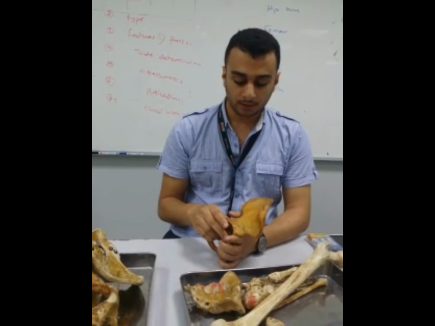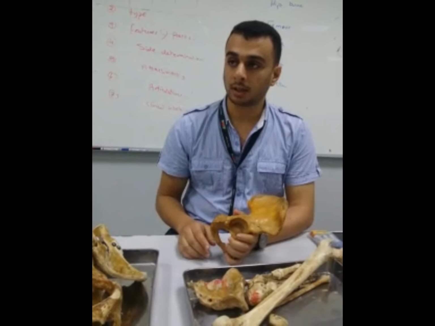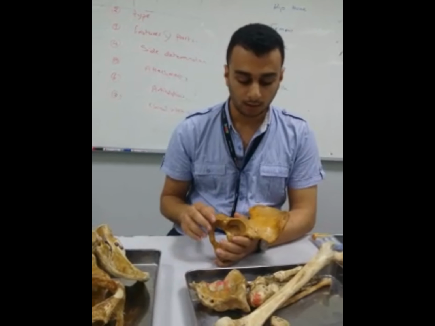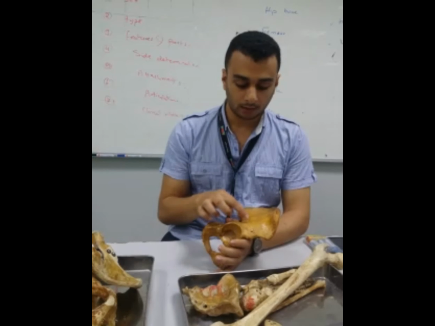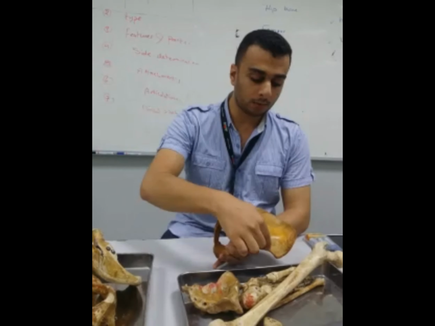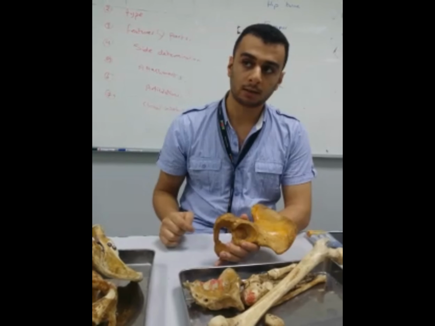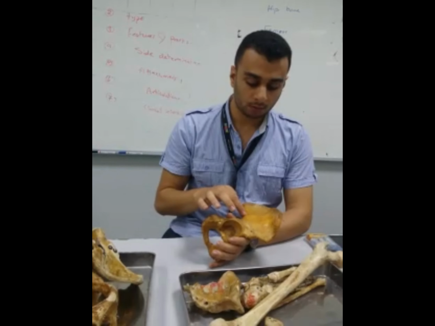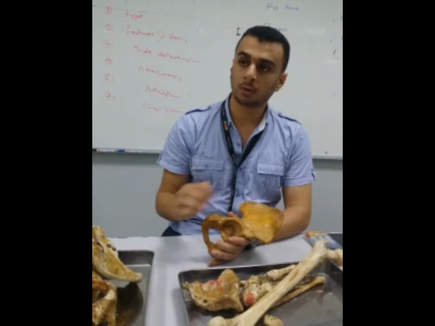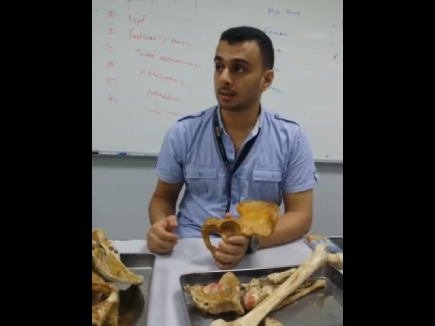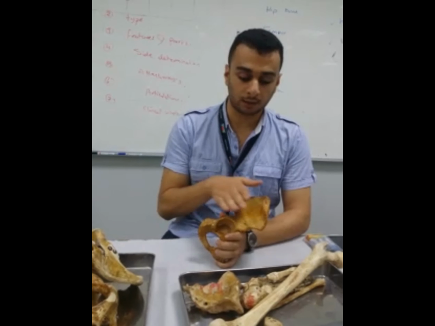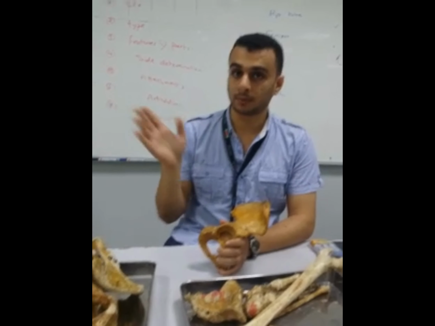For the outer surface, there are three important lines: the anterior gluteal line, the posterior gluteal line, and the inferior gluteal line. Those provide attachment to the gluteal muscles, that's why we call them gluteal lines, and they are located on the outer surface.